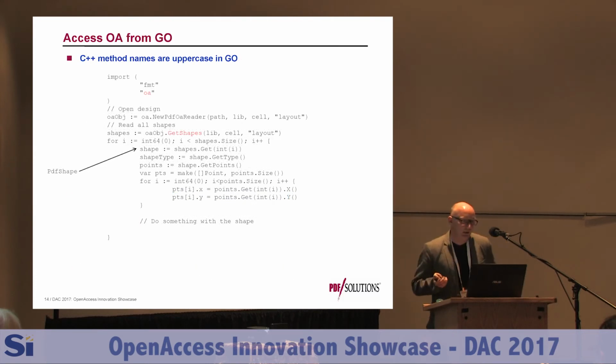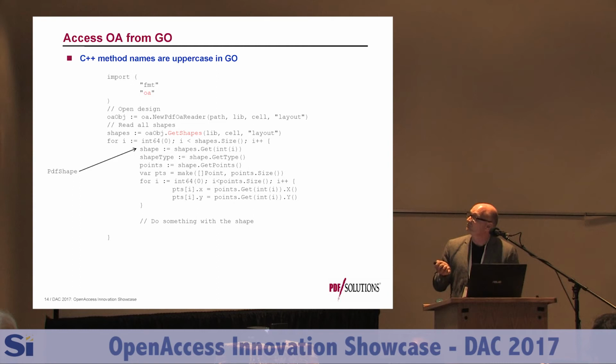Okay. Now, how do we access OpenAccess from Go? Since the library I just created with Swig is already installed, I can use it simply with an import statement, use OA. And then I call another function I didn't mention, which gives me an object onto an OpenAccess database, where I tell it the lib name and the cell name, and it's of type layout.